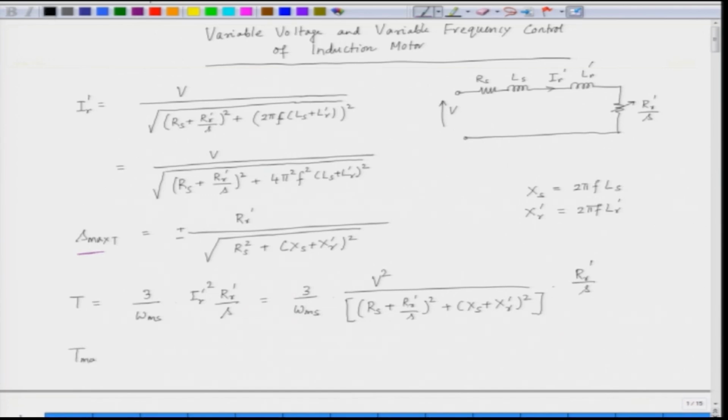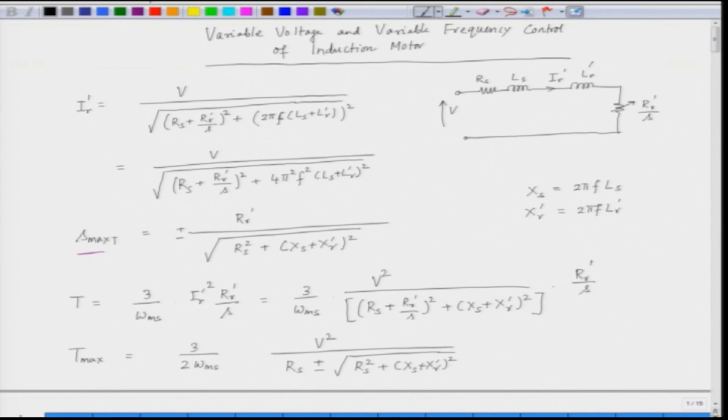So, T max is given as 3 by 2 omega m s into V square divided by R s plus minus under root R s square plus X s plus X r prime whole square. So, what we get here is the maximum torque.